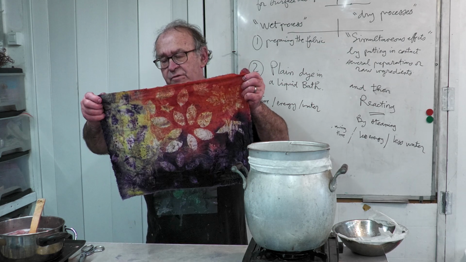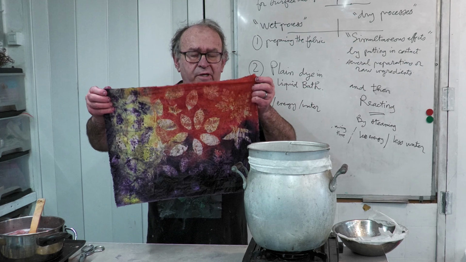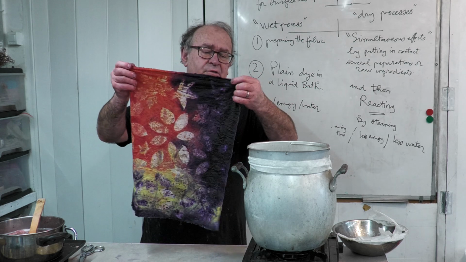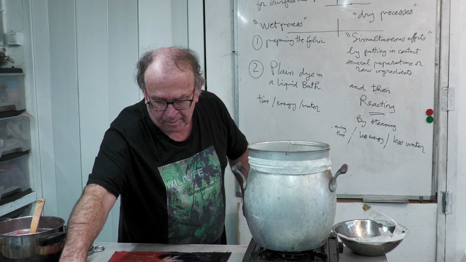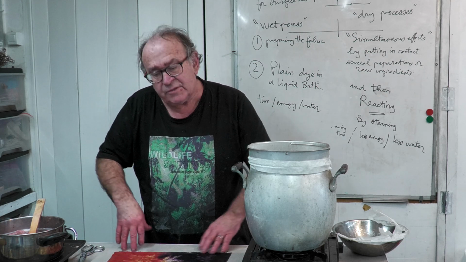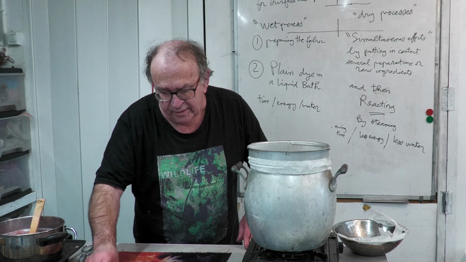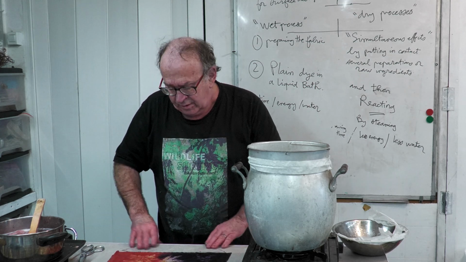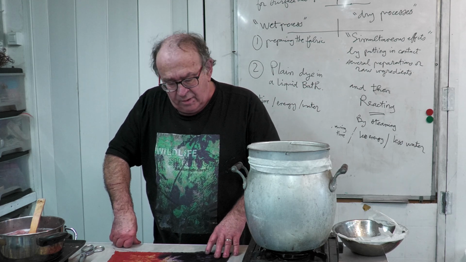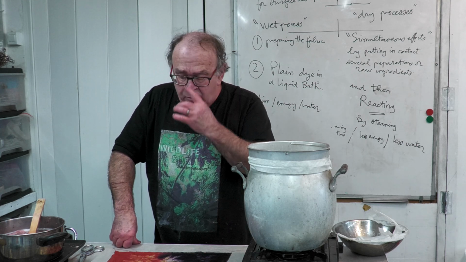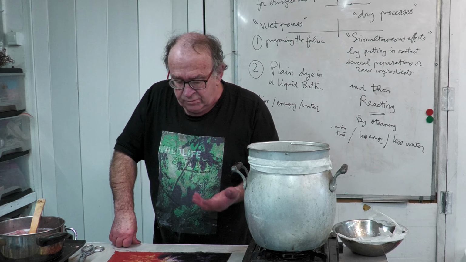In that case the leaf is just a stencil, so that's the only thing we can get from these leaves, but some leaves also have tannin and different components. We should develop that point, which is not my specialty, so I let you see that.